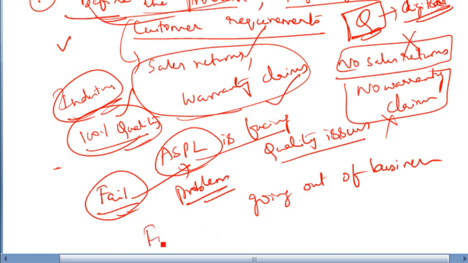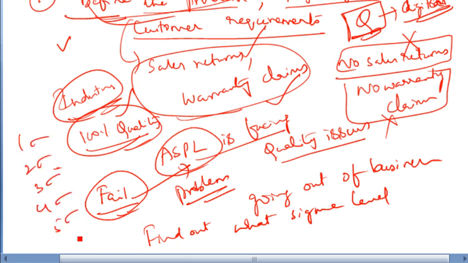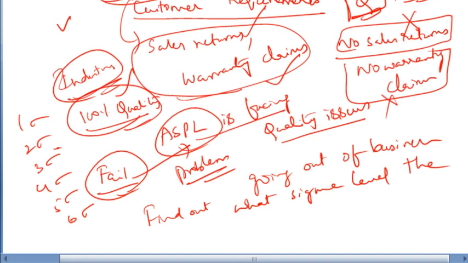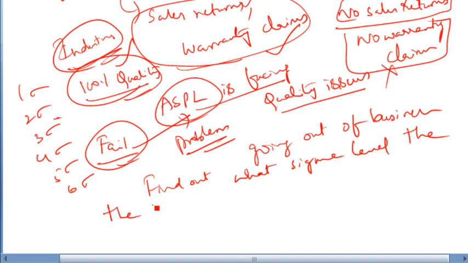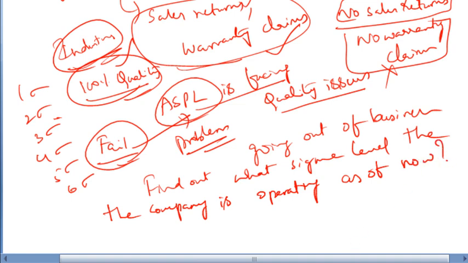If you have watched that video, you know that there are 6 different sigma levels: 1 sigma, 2 sigma, 3 sigma, 4 sigma, 5 sigma, and 6 sigma. So we need to identify what sigma level the company is operating at as of now. First, we need to identify this.